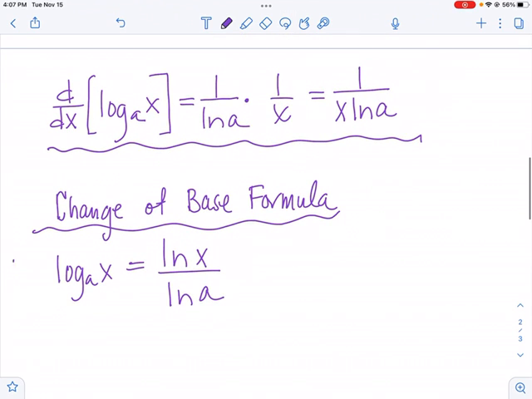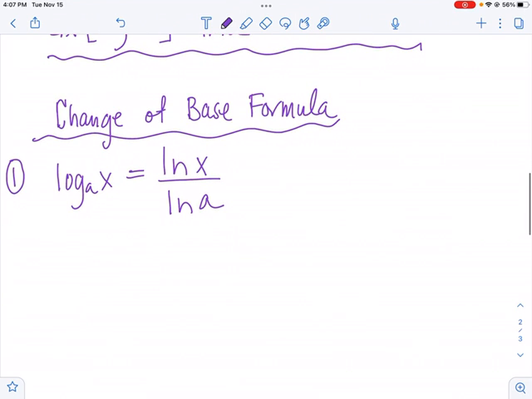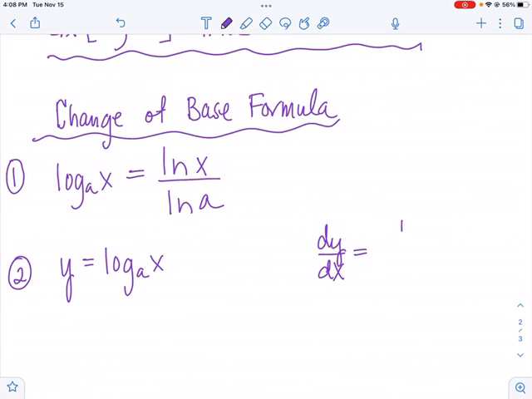So given that identity, I can start and say, if y is equal to log base a of x, we know already from the lesson dy/dx is equal to 1 over x ln of a, or 1 over ln of a times 1 over x.